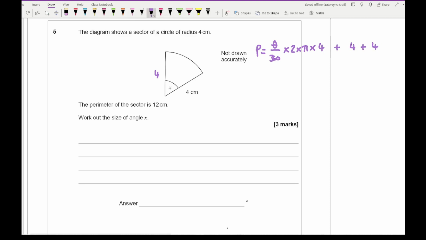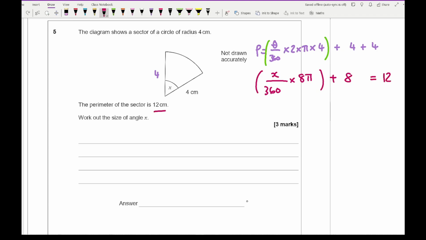So then if I just put brackets around this, because I don't want to get confused between what's being multiplied and what's being added. So here I've got x over 360 multiplied by 8 pi, plus 8. And all of this equals 12, because it says the perimeter is 12.